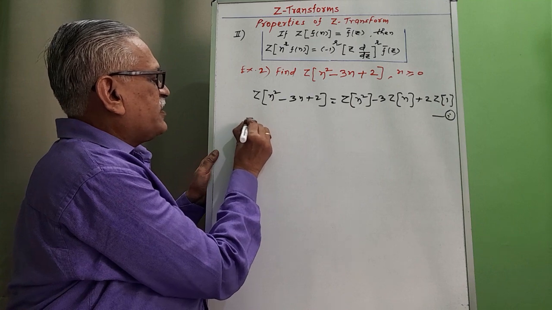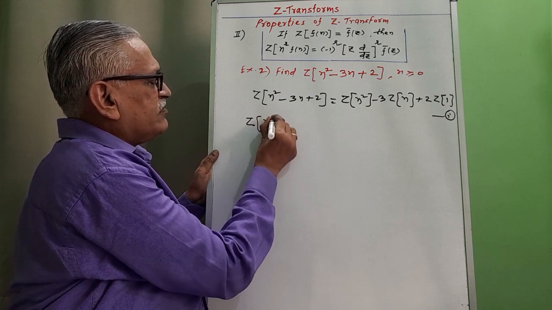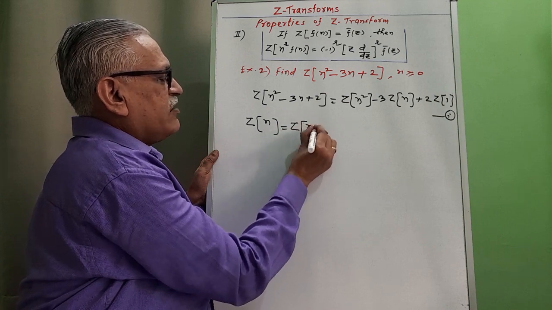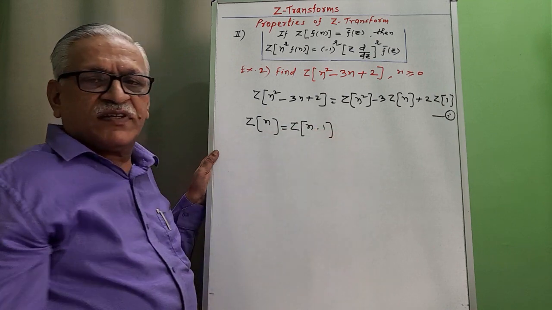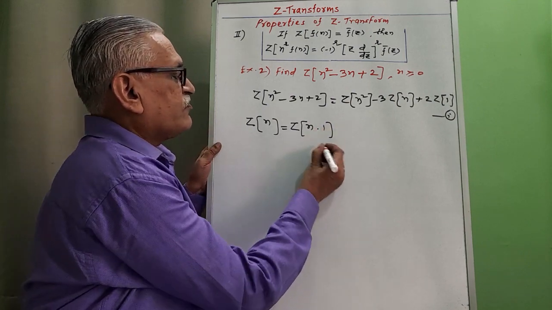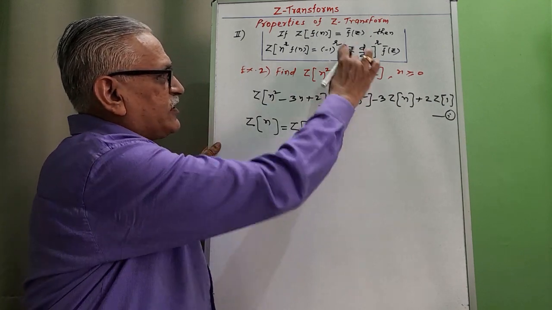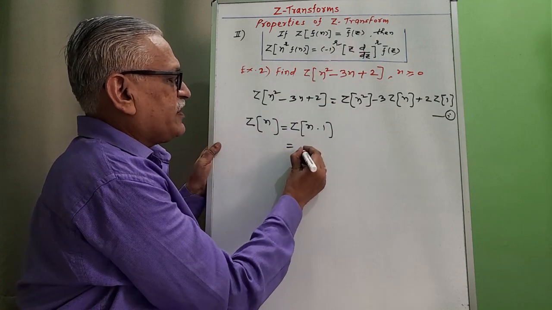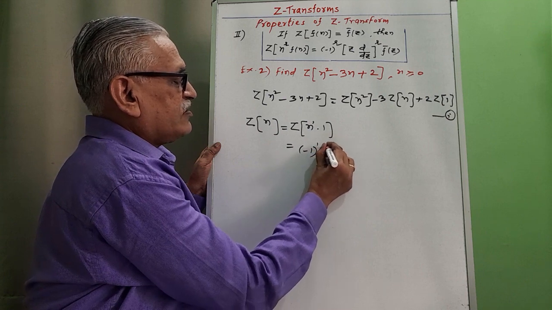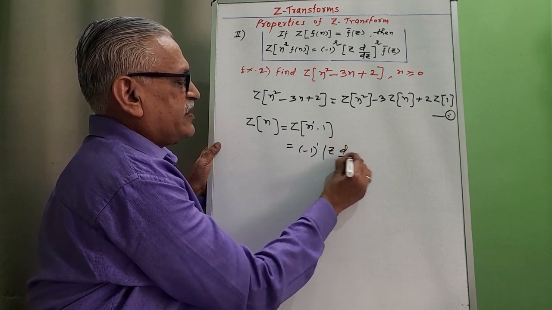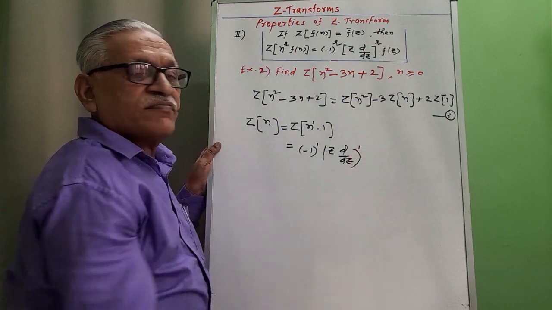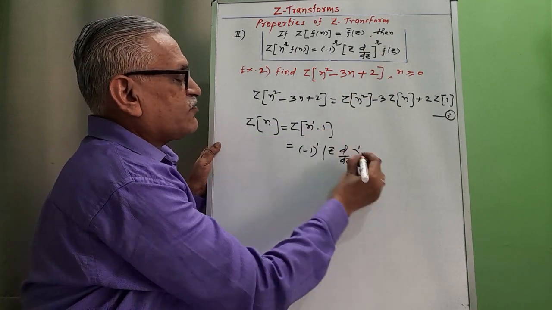First of all, I will obtain the Z transform of n as the Z transform of n multiplied by 1, as I had discussed in my previous video. Then as per this theorem property, it is (minus 1) raised to r, where r is here 1, z d by dz whole raised to r is 1, and the Z transform of 1.